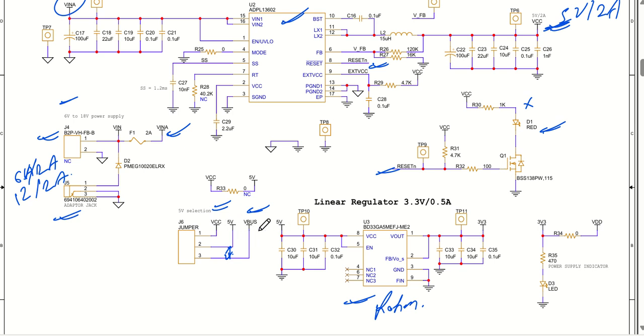If you do not want to use VBUS, your USB, then you have to short these two. And if you don't want to short anything, you can remove this and just connect this particular resistor. So this is enough. In your complete circuit, this will be available, so you don't have to use a separate jumper for this.